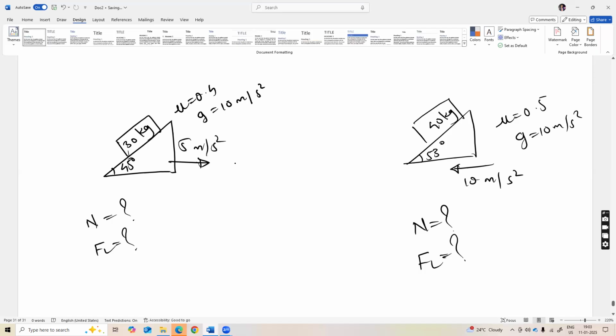Actually, root 2 is there. I'm not taking root 2, sir. So you are just getting 150? One minute, sir. I will calculate both the cases and I'll tell you the final answer.